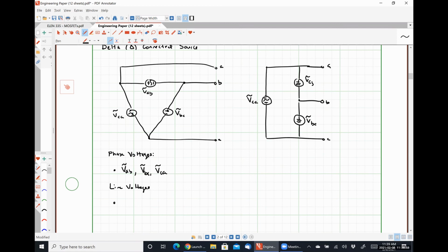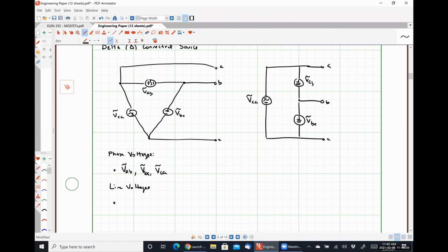If you're saying VA, VB, and VC, we're using a double subscript notation. With respect to what reference are those voltages being measured? What's the fundamental definition of a line voltage? The voltage drop seen between the two terminals where we connect to the transmission lines.